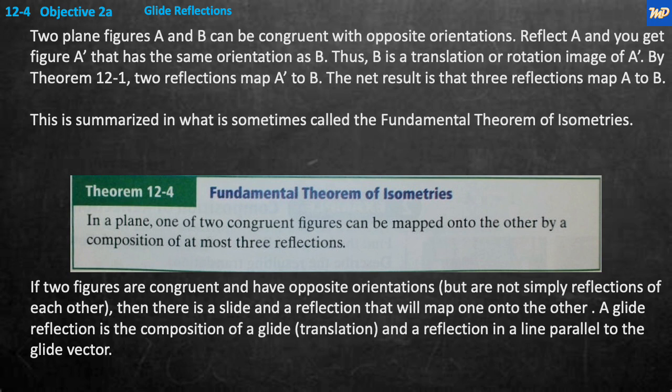So the net result is the reflection of A goes to B.